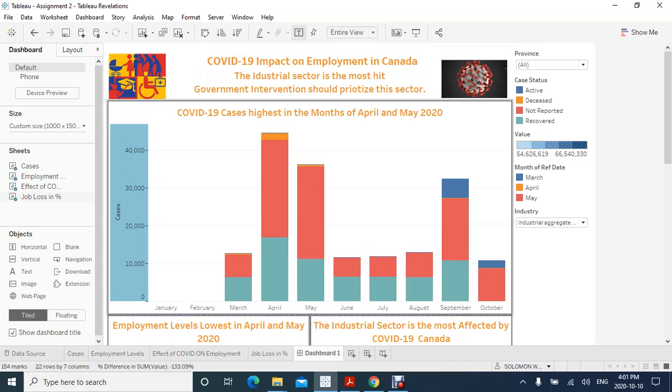With the help of this visualization using Tableau, I was able to find an answer to my question of which sector of the economy requires government intervention from the impact of COVID-19. We can see that the most impacted is the industrial sector, and therefore the government should focus on the industrial sector in order to relieve the impact of COVID-19 on the employed population.